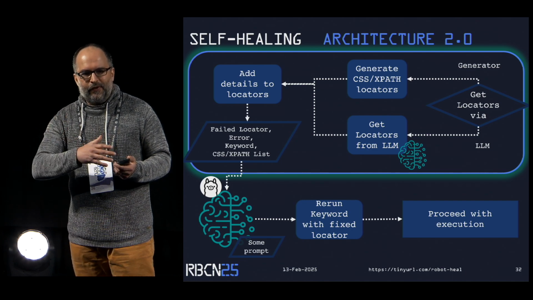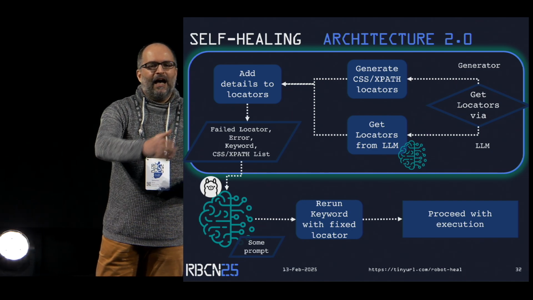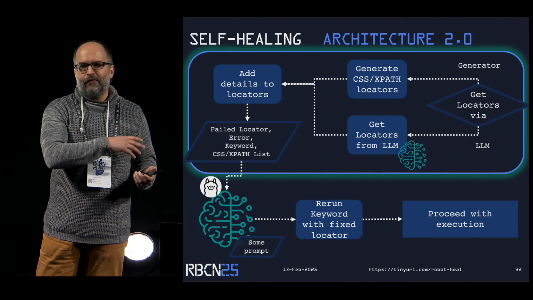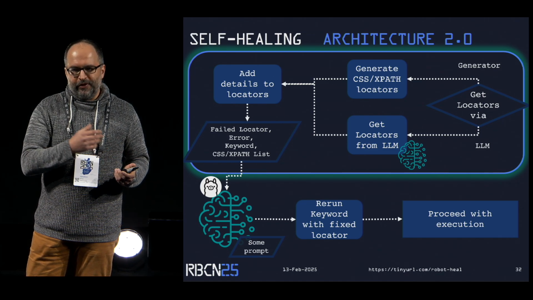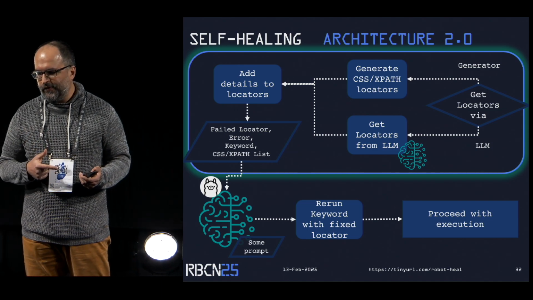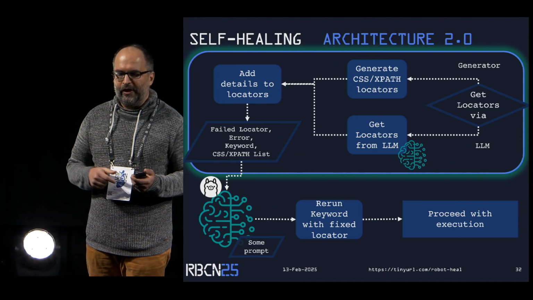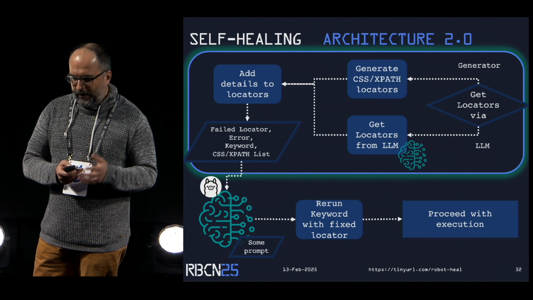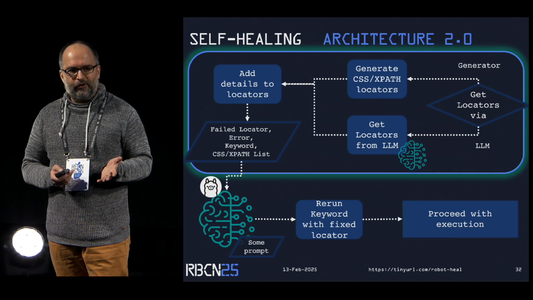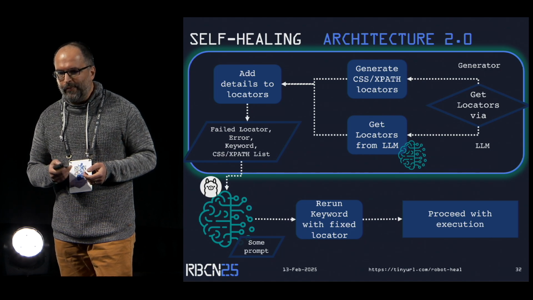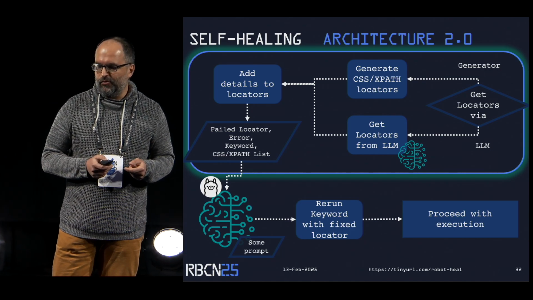And then I'm putting this information all together and again asking the LLM, please give me a proper locator for the failed one. Potentially I would do 2 LLM calls, but if I use the CSS generator, only 1 LLM call. And with that, the quality of the proposed fixes was much better with this enriched information and the CSS generator.